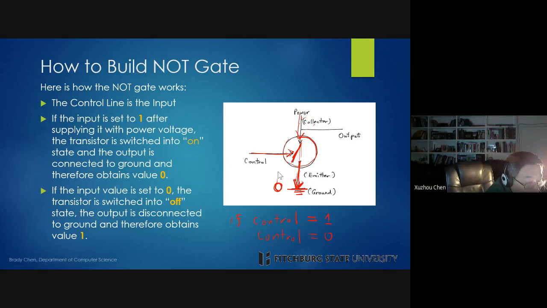So if you always ground the output side, then you can view the input side. Now take a look at this. You can treat the control as an input, and treat the collector as the output, and you always power the collector. That means this side is always 1.